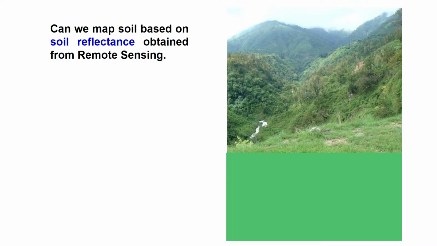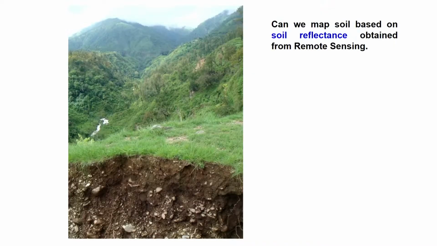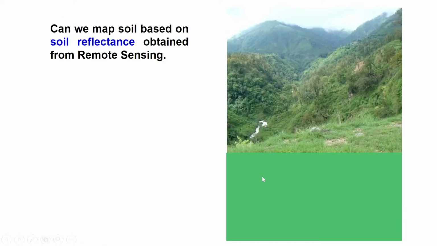That is one thing. Another thing is that if I am interested to get the information of surface soil, then we can directly get the reflectance. But in a conventional soil map, I am not only interested in the surface, but I am interested in the subsurface soil. For example, here you see, I don't know which kind of soil is there, because surface reflectance we cannot get.